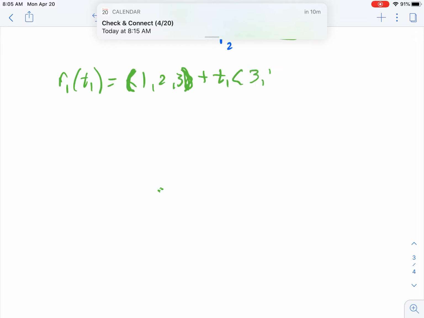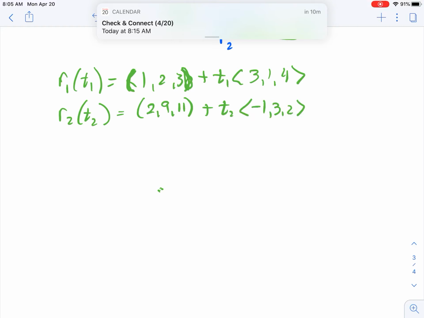Plus T1 and 3, 1, 4, and say R2 of T2, you have 2, 9, 11, and T2 you have -1, 3, 2.